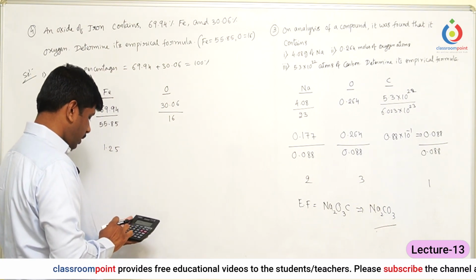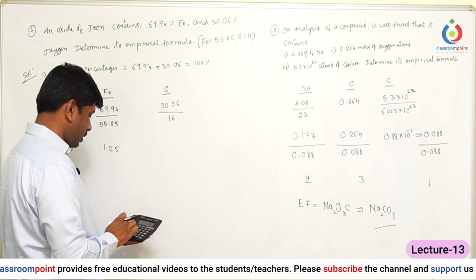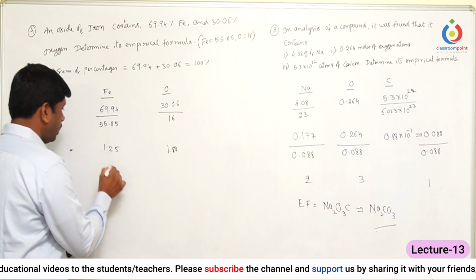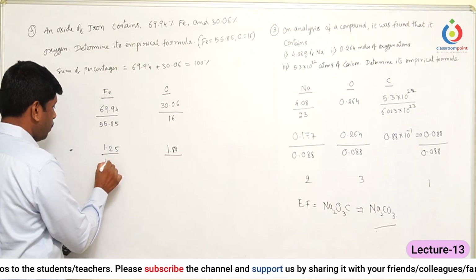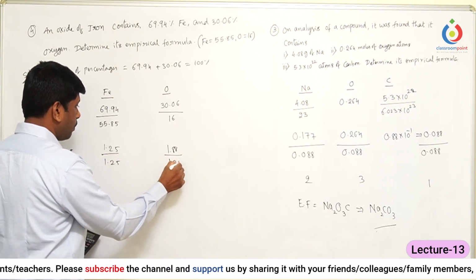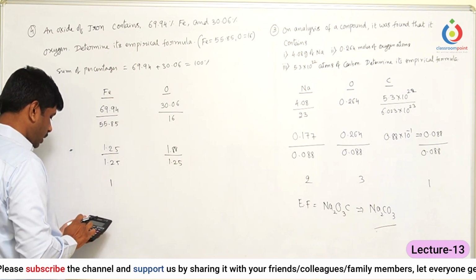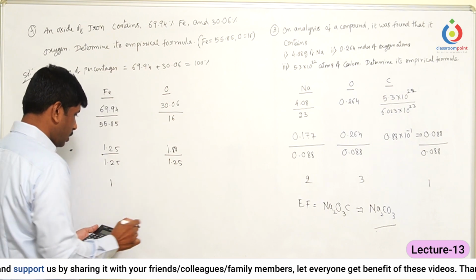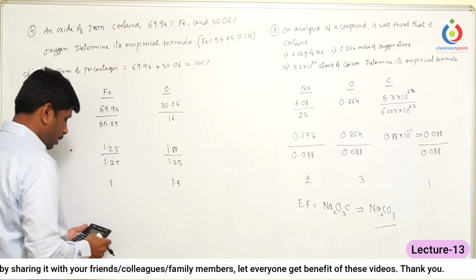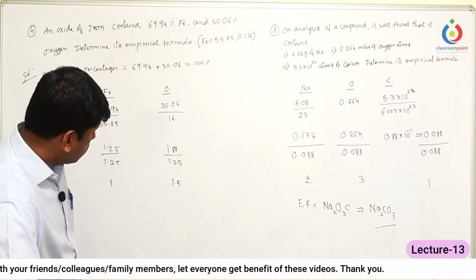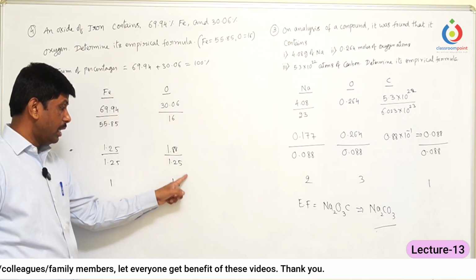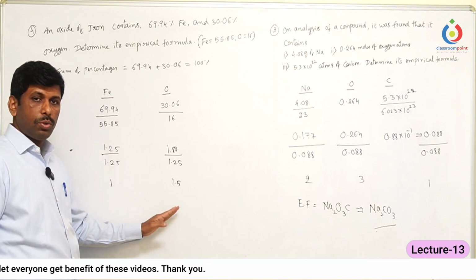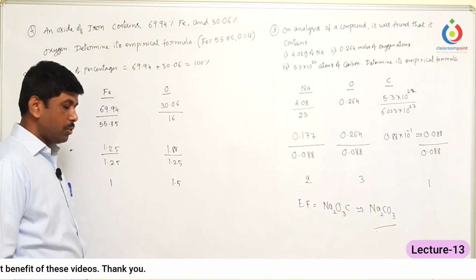And here 30.06 divided by 16 is equal to 1.88 approximately. So divide by the smallest value, 1.25. Here also 1.25, you will get 1. And here 1.88 divided by 1.25 is equal to 1.5. So here we did not get simple whole number values. We got fractional values. So these values are to be converted to the simplest whole numbers by multiplying with a suitable number.